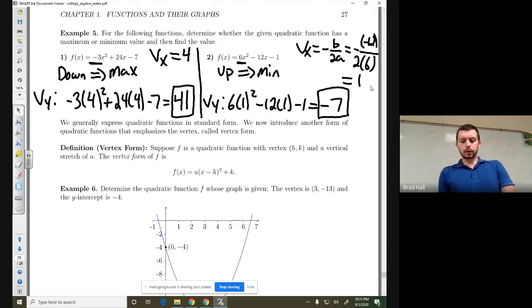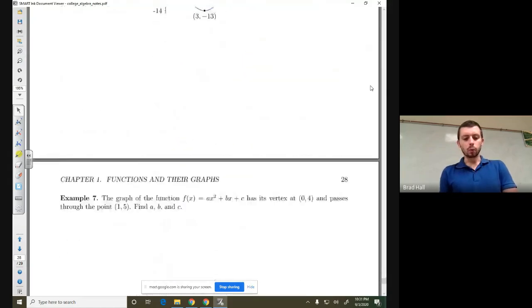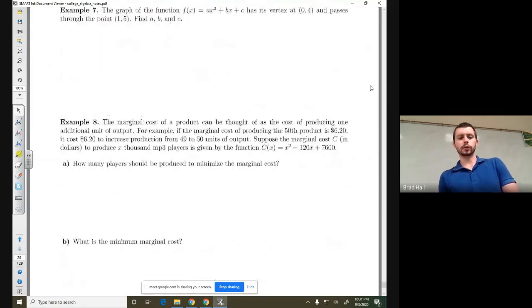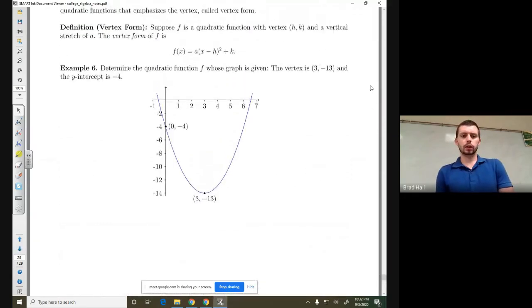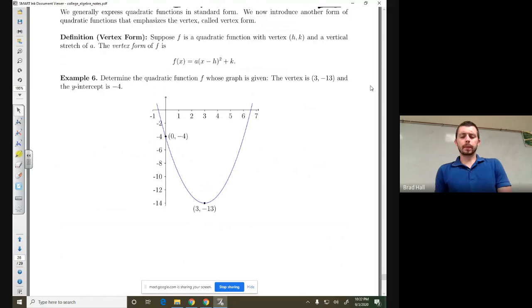So we have three more problems left, so let's go ahead and look at those. There is something else called a vertex form, and we've actually seen it before. In fact, it was the form of the very first function in this section.